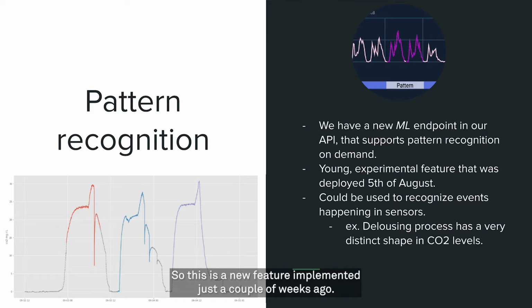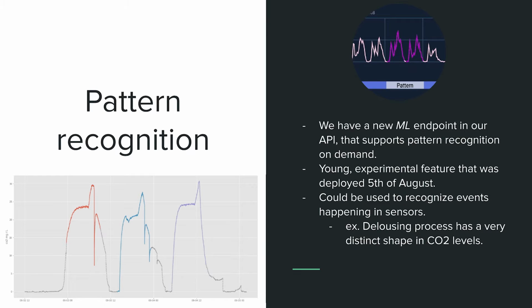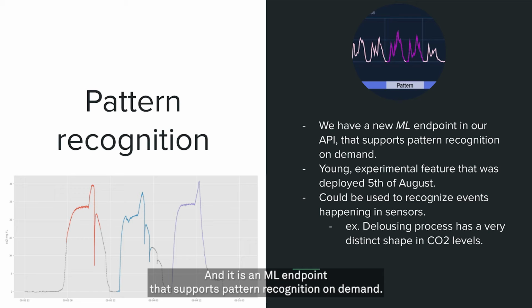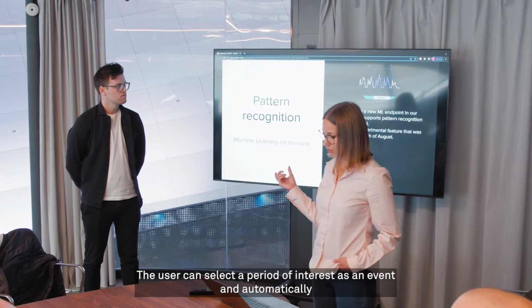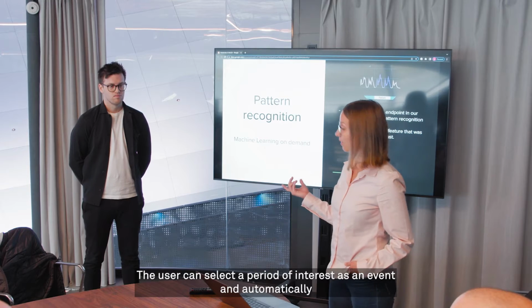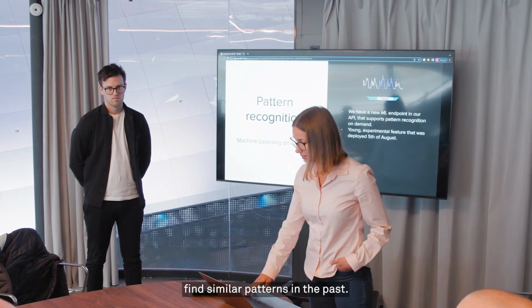Pattern recognition, we're also doing some pattern recognition. This is a new feature implemented just a couple of weeks ago. And it is an ML endpoint that supports pattern recognition on demand. The user can select a period of interest or else an event and automatically find similar patterns in the past.